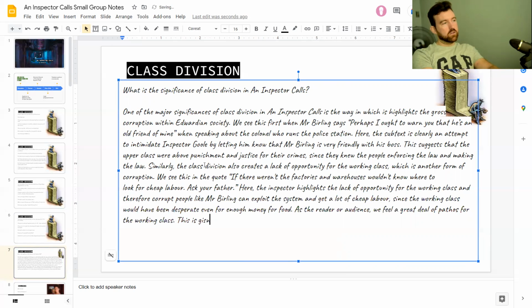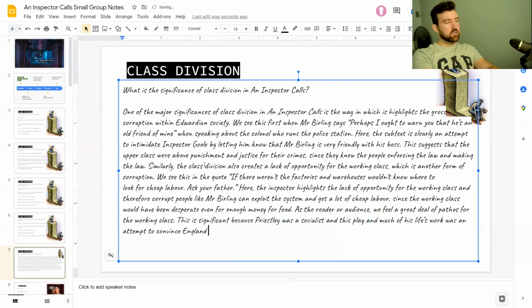This is significant because Priestley was a socialist, and this play and much of his life's work was an attempt to convince England to become a socialist country.